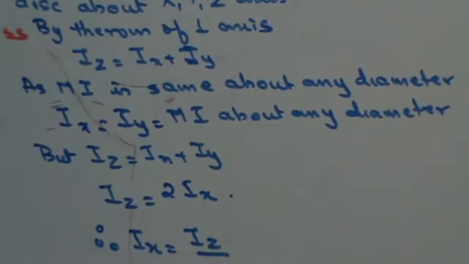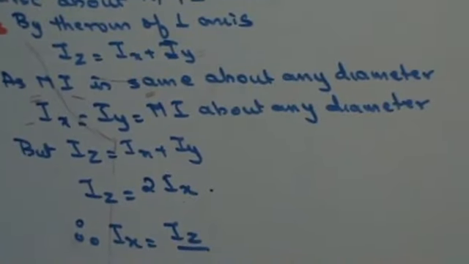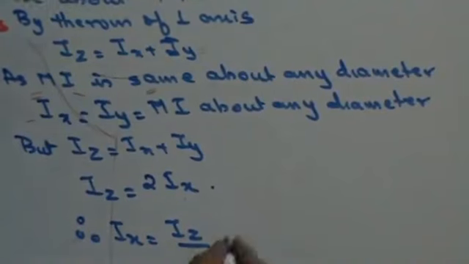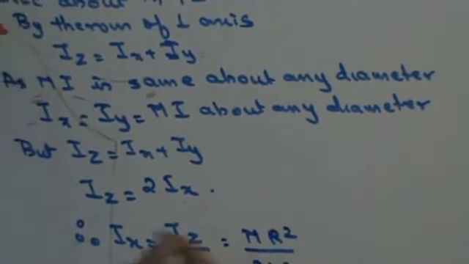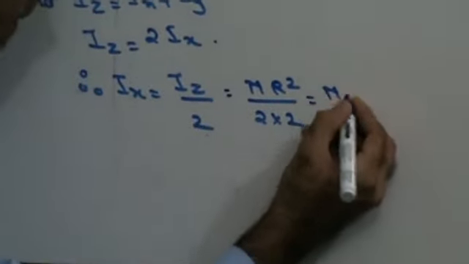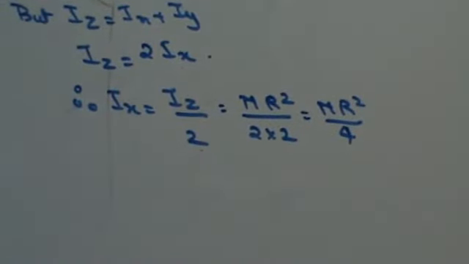The moment of inertia about an axis perpendicular to the disk and passing through its center we found to be mr square by 2. So this is mr square by 2 into 1 by 2, which is mr square by 4. That will be the moment of inertia of the disk about an axis passing through the diameter.